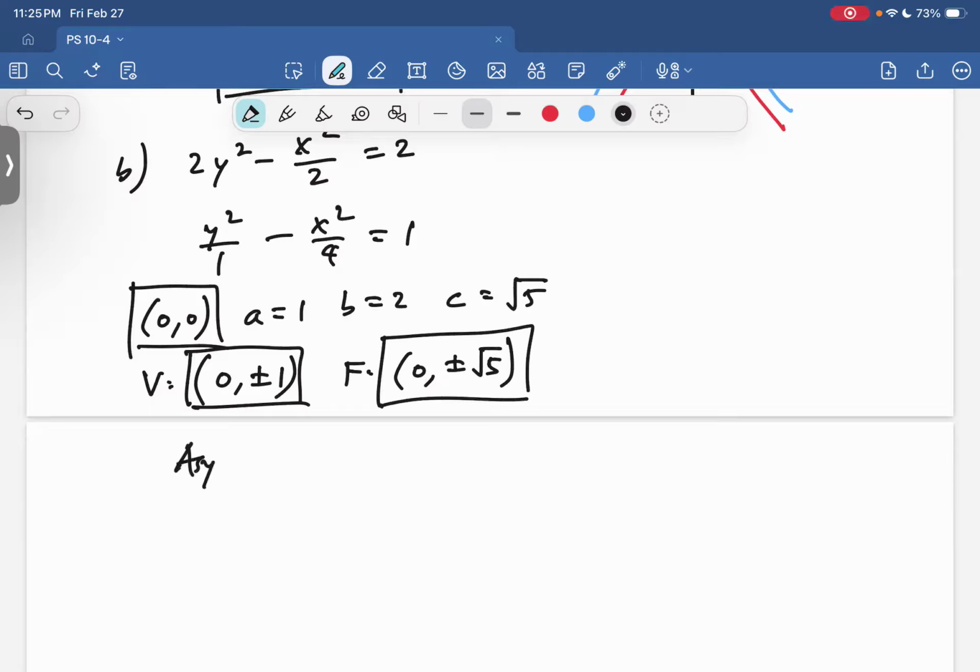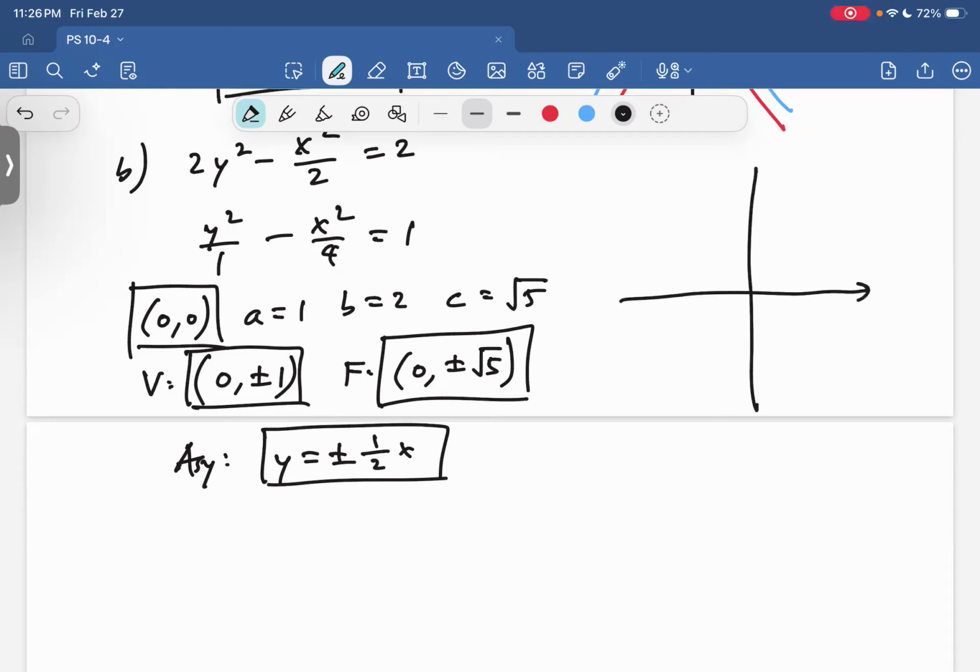And the asymptotes are going to be A over B now. So I could graph it like this. It's vertical.